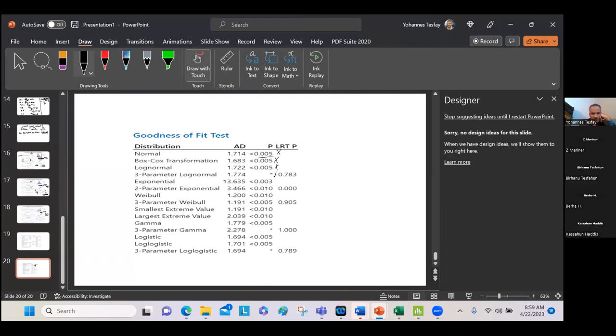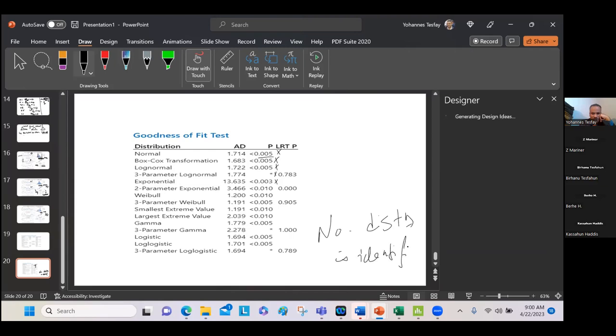No, it doesn't give any information. Exponential? No. No distribution is identified. You see, just like that. No distribution is identified here.